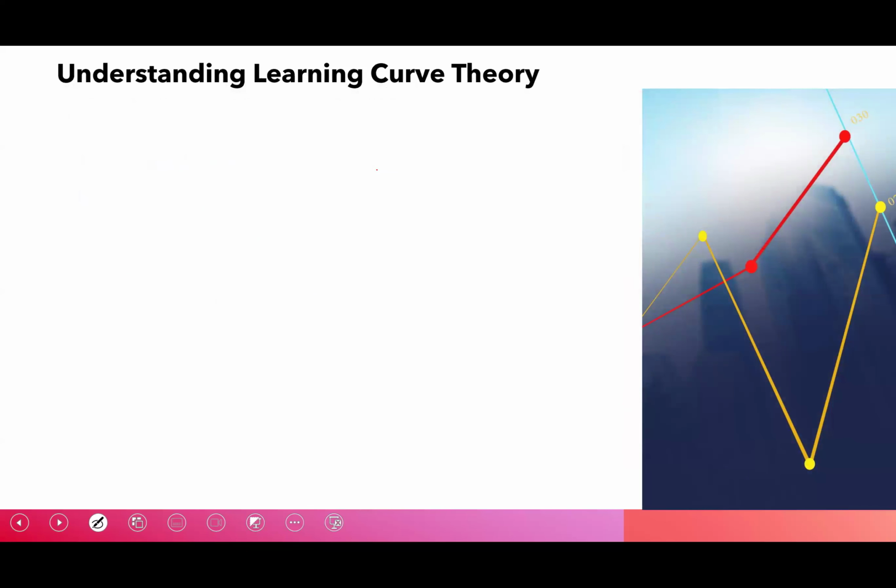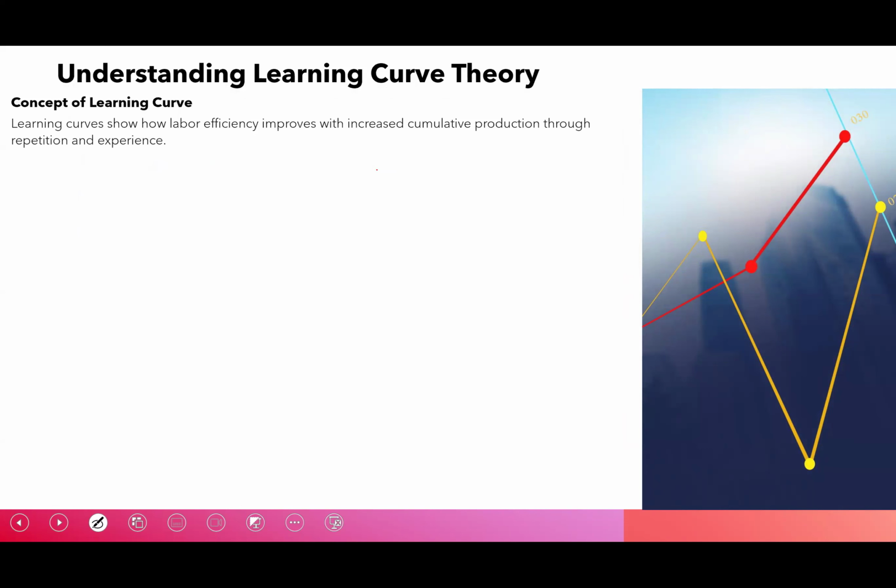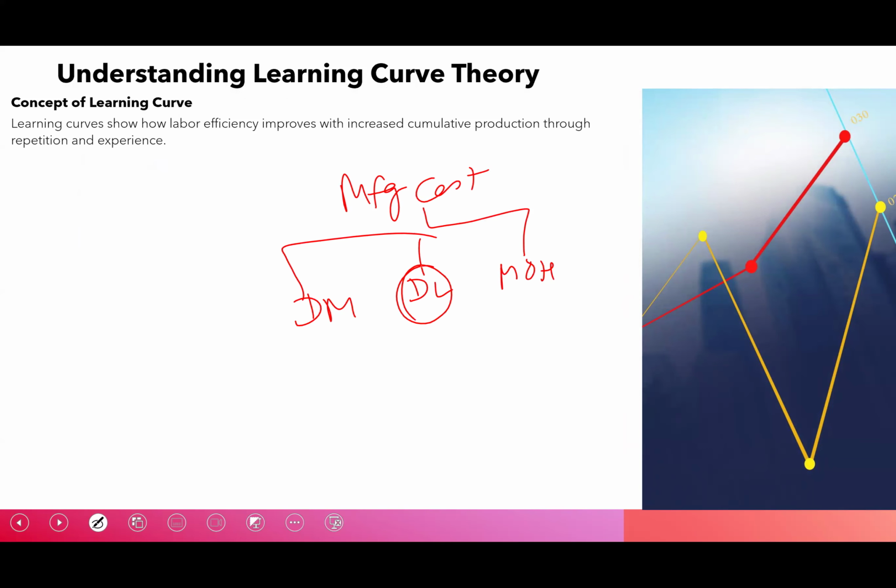Okay, let us go to the third and the only new portion of this chapter, which is called learning curves. What is the concept of learning curves? Remember, manufacturing costs are made up of three things: direct material, direct labor, and manufacturing overhead. Direct labor here involves human beings, and human beings have brains, and brains learn.